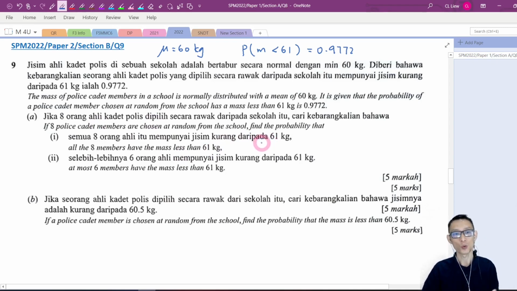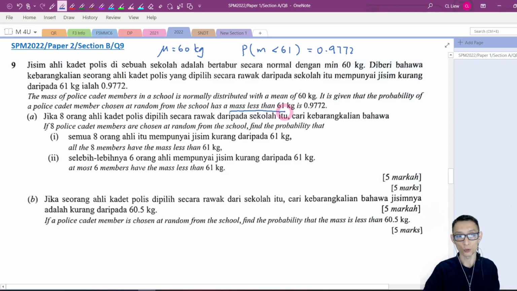So if I ask you, what is the probability of getting a police cadet whose body mass is less than 61 kg, do we have this probability? Yes, right? Go back to the question. It is given that the probability of a police cadet member chosen at random from the school has mass less than 61 kg is this, right?